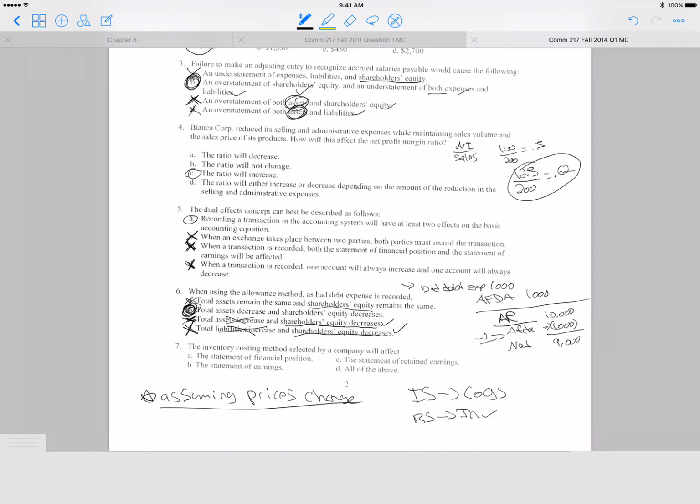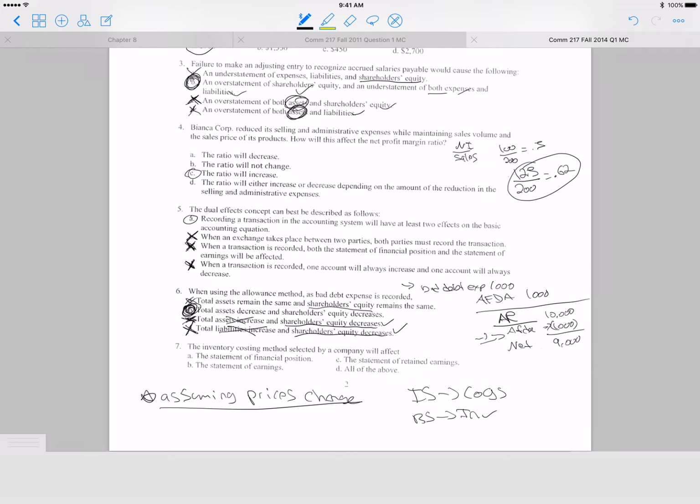For B, the statement of earnings will be different because when you have a different inventory account, then when you sell your inventory, your COGS, or cost of goods sold, would also be different. So that's why on your income statement, your cost of goods sold account would have a different number while using the two different methods. And for the statement of retained earnings, this relates to the income statement because your expenses for your cost of goods sold will be different.